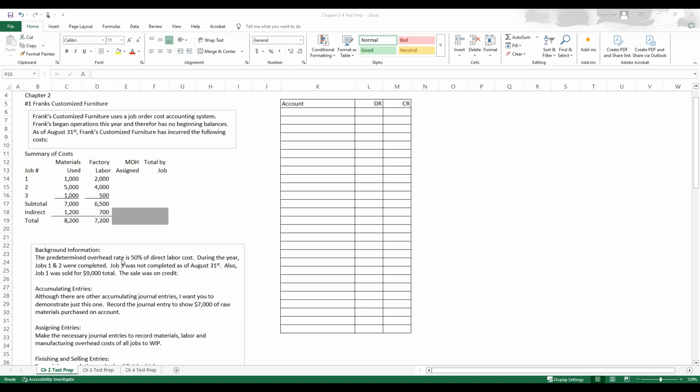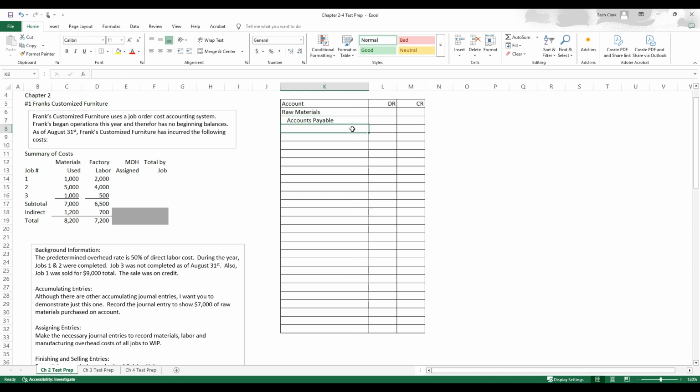Let's do the journal entries that I asked for. We're just going to demonstrate the $7,000 raw materials purchase. It was on account, I believe it says, so we've got raw materials, and then on account, we've got accounts payable, indented as the credit, and we'll say purchase RM for a little explanation.